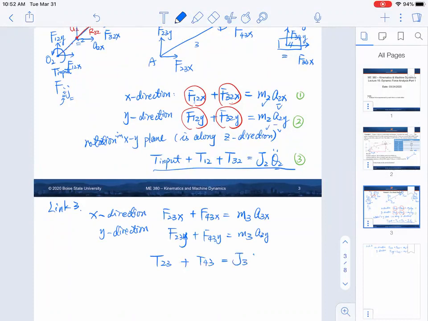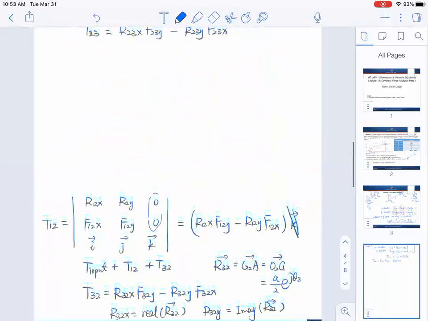Okay, and then you just follow the same method. Your t23 should give you r23x f23y minus r23y f23x. Again, you just copy the equations from the previous step.